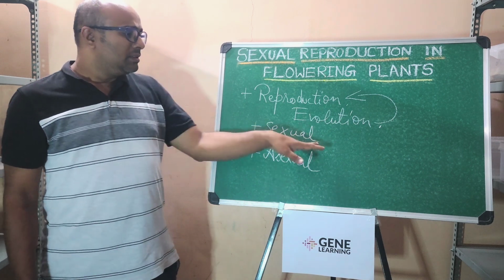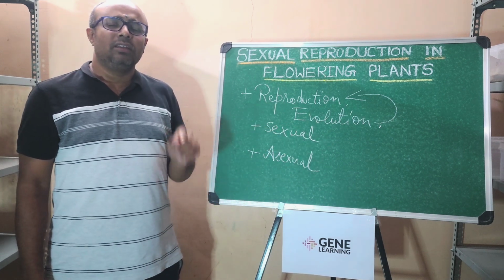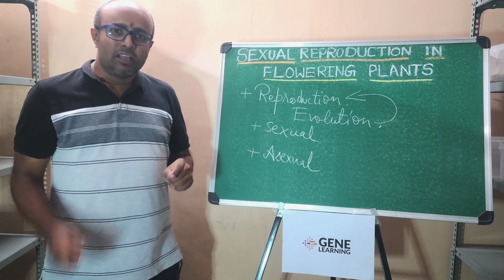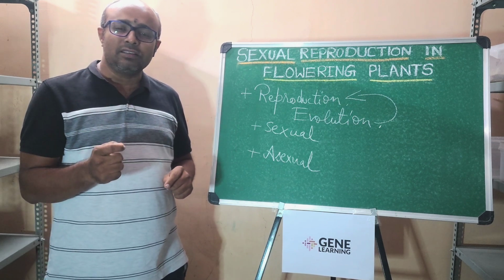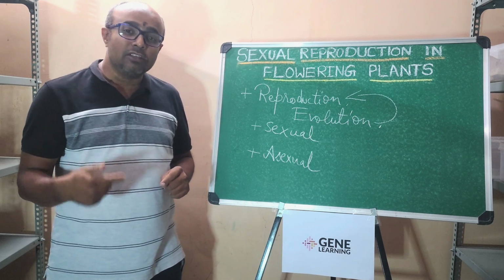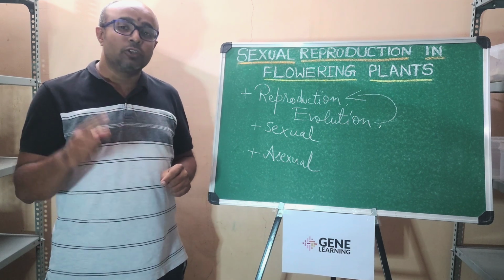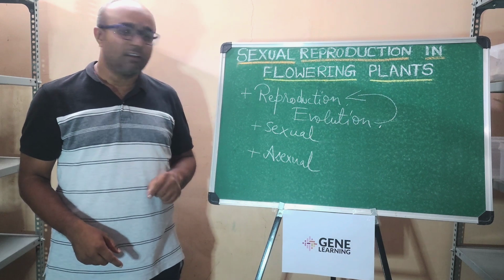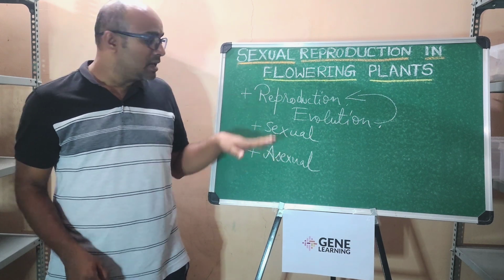Okay, so sexual reproduction is a process where specialized organs in the body of an organism give rise to specialized cells through a specialized process. Now, let me repeat that for you again.